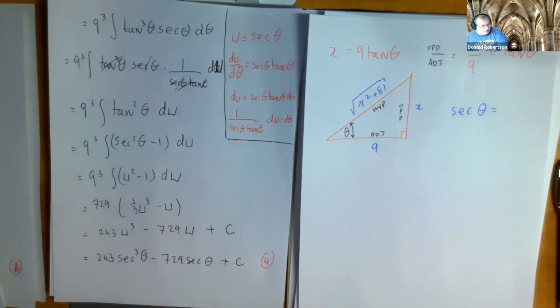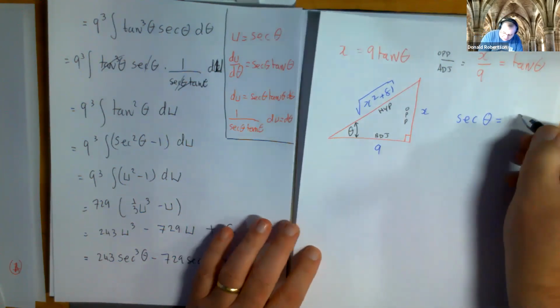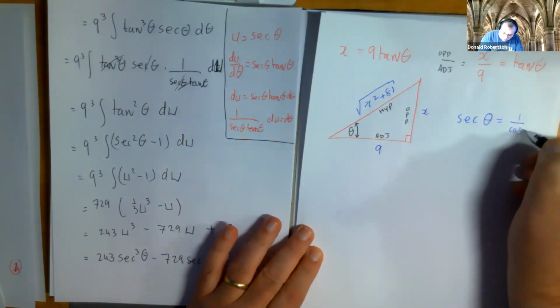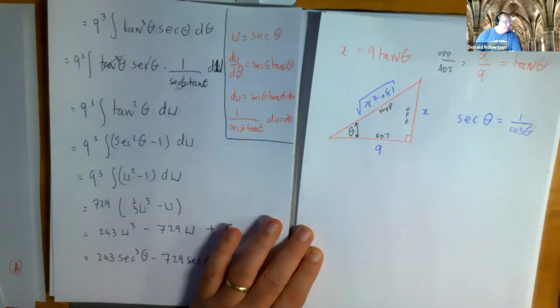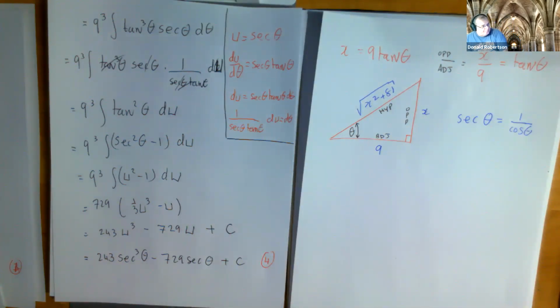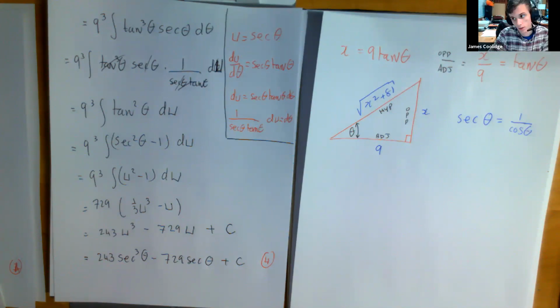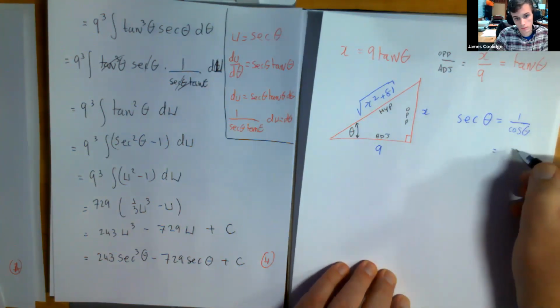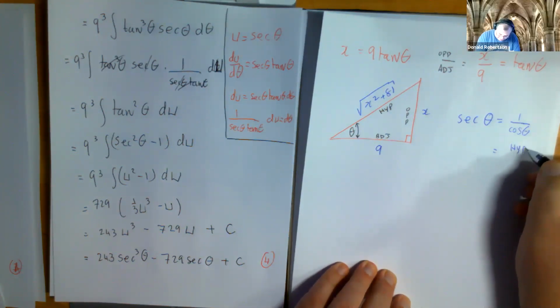Well, I could do secant theta if I had a good memory and just tell you what it is, but isn't a secant 1 over a cosine? So this is me doing it a bit slow. Now, a cosine is what according to SOHCAHTOA? Adjacent over hypotenuse. So won't a secant be hypotenuse over adjacent?